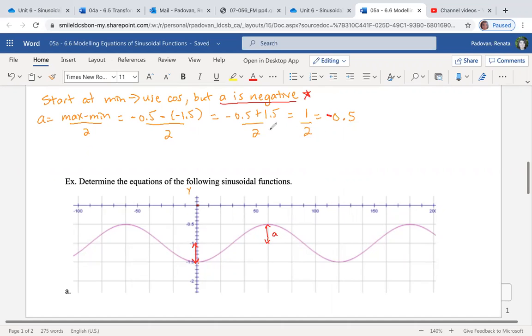Now let's go to the K value. So the K formula is again 360 divided by the period. So here I have to go to the graph and I have to look at what is one cycle. So if I'm starting at the minimum, going up to the maximum, going back down to the minimum, and then it would repeat, going back up to the maximum, you can see here. So the distance from 0 here, right, to what is this number?